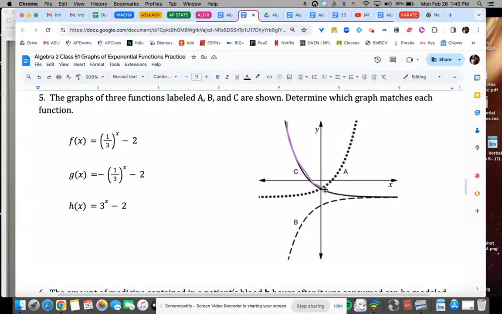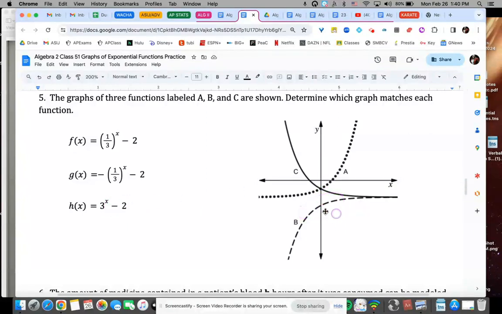So this is what the 1/3 would look like. This is what a negative of 1/3 to the x would look like, flipped over, right? Both of these were shifted down too, so you can see they both shifted down after it was reflected. So they all went down too.